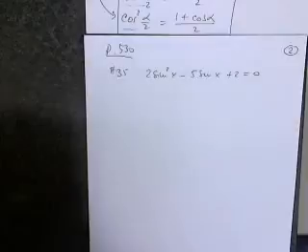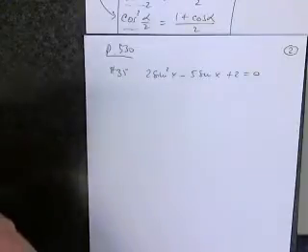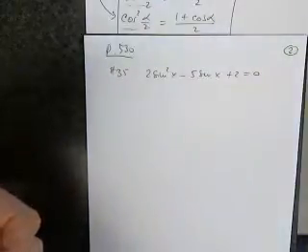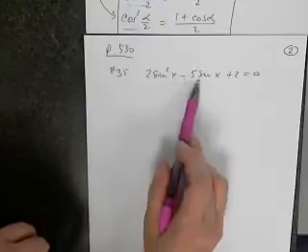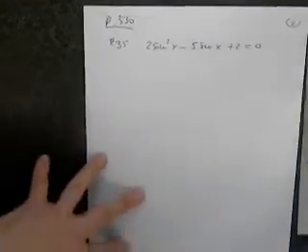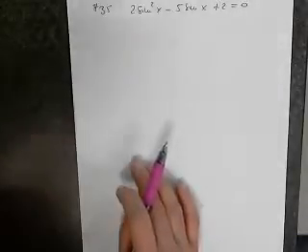What do I have to do first? So 2 sine squared x minus 5 sine x plus 2 equals 0. Of course, I have to solve for sine x. Right. Good.